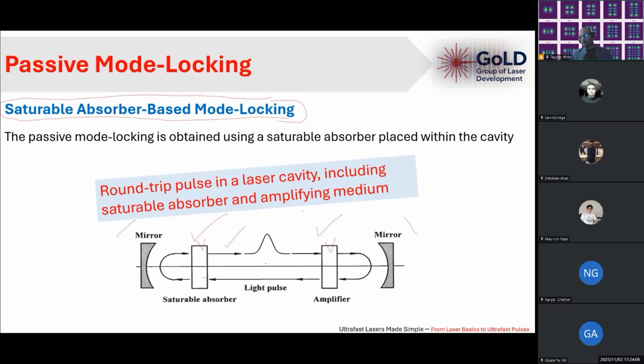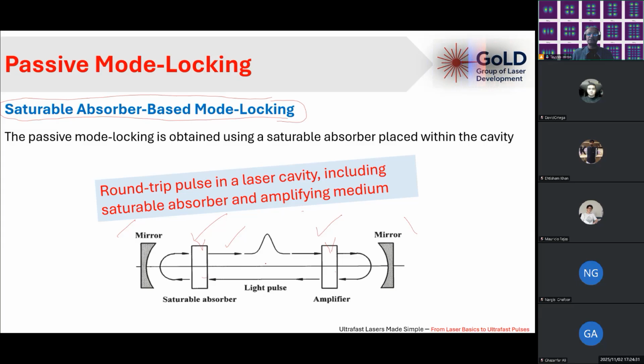In simple words, these saturable absorbers are usually dye materials, dye liquids actually. There are also other kinds, like the semiconductor type we saw last time.